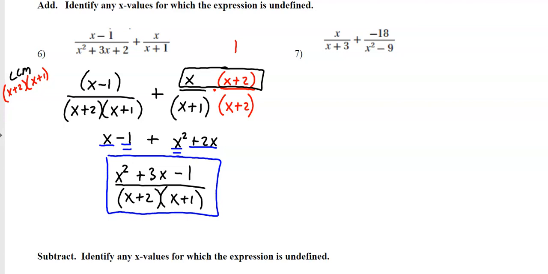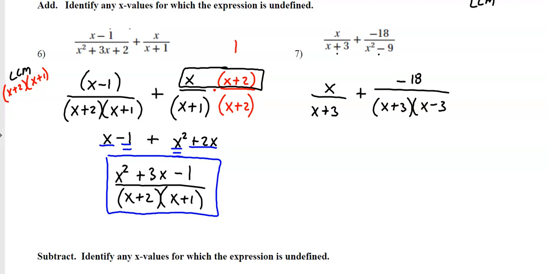All right, number 7. Looking at number 7, I need to try to figure out what is the LCM of the 2 bottoms. Well, first thing I want to do is factor this one to the right. And that's an x plus 3, x minus 3. On the top I have negative 18.